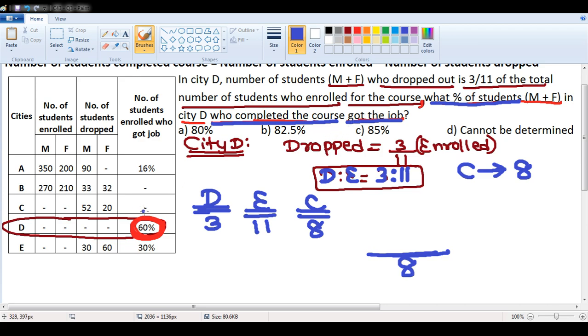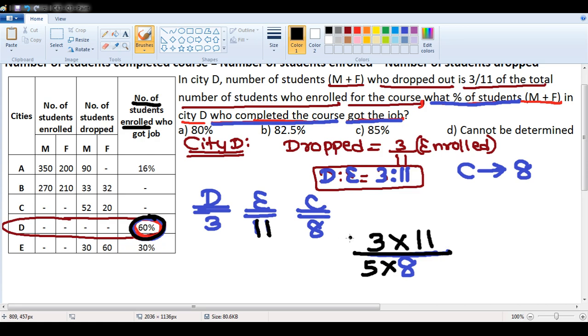Got the job is 60 percentage. 60 percentage is 3 by 5. But this 60 percentage corresponds to the number of enrolled students who got the job. Enrolled is how much? 11. So you should not forget to multiply by that 11.